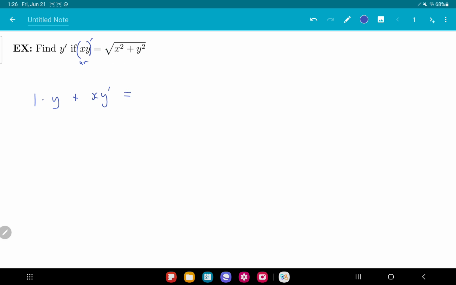On the right-hand side, when I prime that thingamabob, the fractional exponent is going to come down, because I'm going to write this as something to the power of a half. So chain rule. Half comes down. X squared plus y squared to the minus a half.